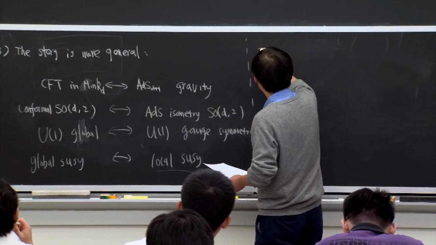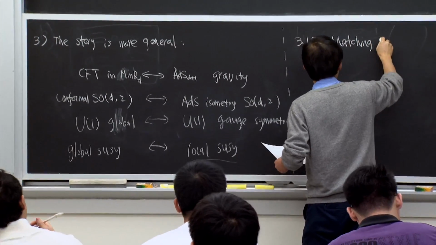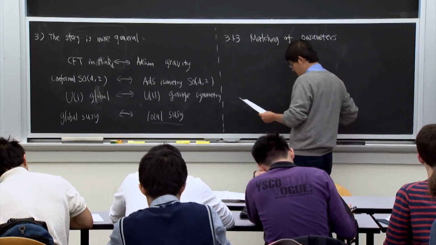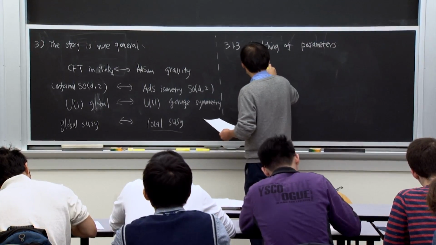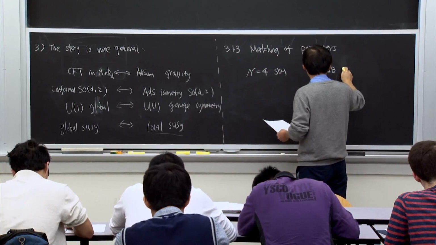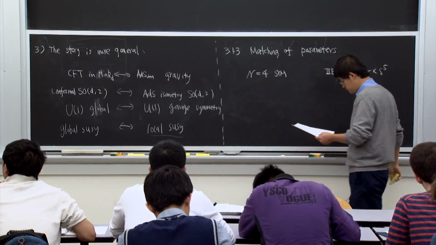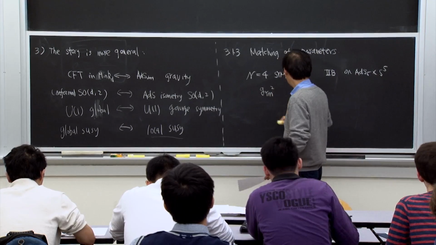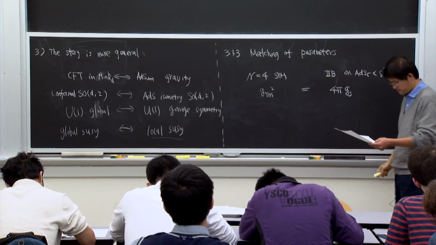Okay, so now let's move to the matching of parameters. Again, this is more like a review of what we discussed before. So again, we have N=4 super Yang-Mills theory, and then this is type IIB on AdS5 times S5. Previously we said, from the relation of the D-brane, that g_YM squared is related to 4 pi g_s, the string coupling.